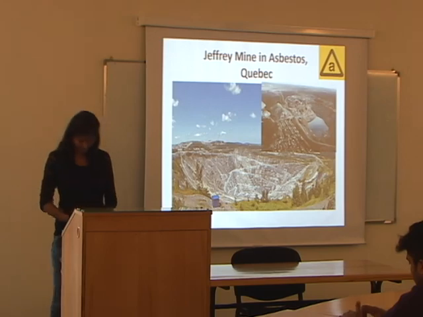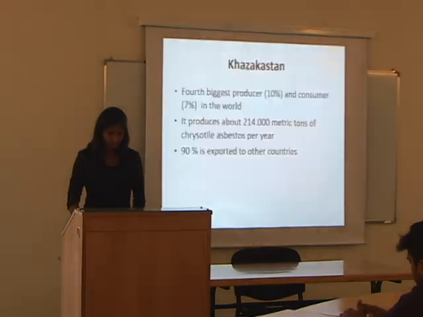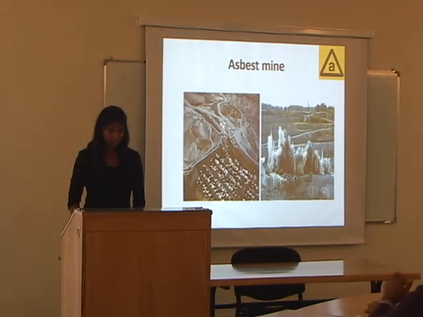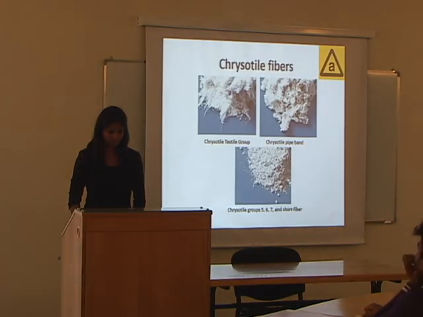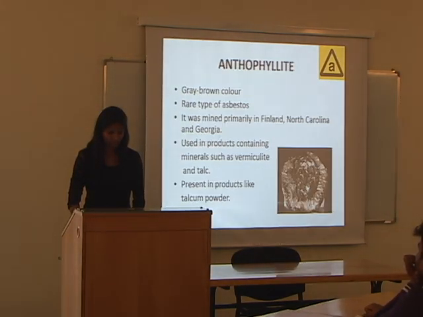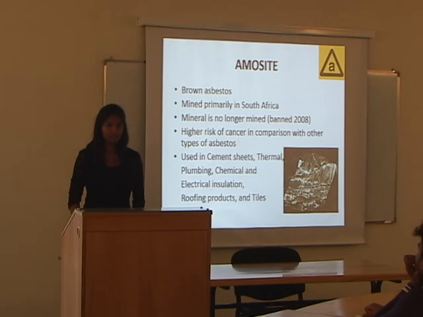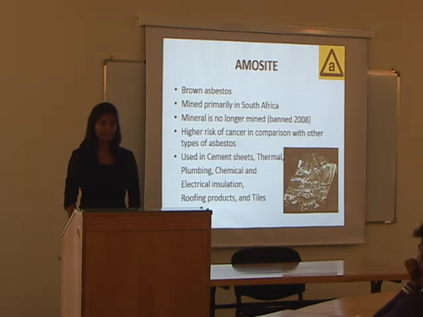Could you go back to the types of asbestos? Which one was more dangerous? Amosite. I don't know which one is more dangerous. And it's not being mined anywhere. No, only chrysotile is mined, and the science is not clear about its health effects.